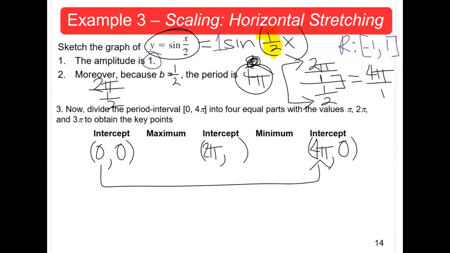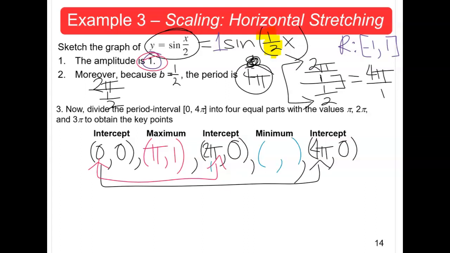It's also an x-intercept, so the y value is 0. Now, for the maximum, we take the half point between the 0 and the 2 pi, and that will equal pi. So pi, comma, what is the maximum? Since the amplitude is 1, the maximum is 1. Finally, for the minimum, we will take the midpoint between 2 pi and 4 pi, and that will be 3 pi. What will be the minimum value? -1.